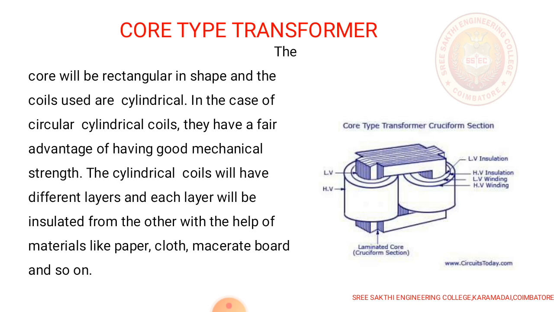The laminations are pressed or punched out from larger steel sheets and they are arranged in thin steel strips to assemble the letters E, I, L and U. For simplicity, the primary and secondary windings are located on the separate limbs of the core. That is, in the figure, it is shown that the primary winding and secondary winding are placed on the sides of the limbs.